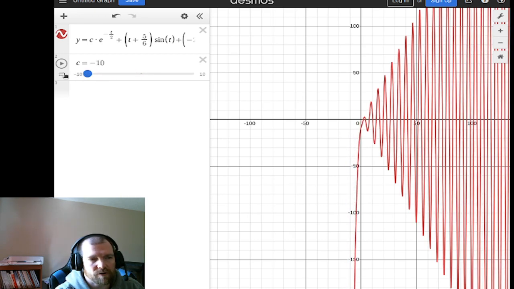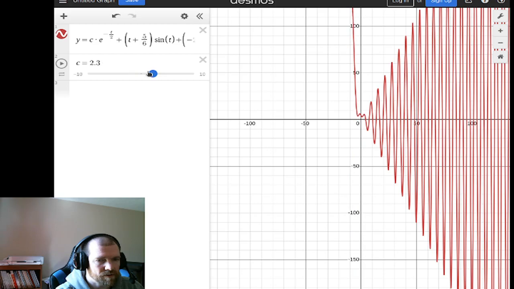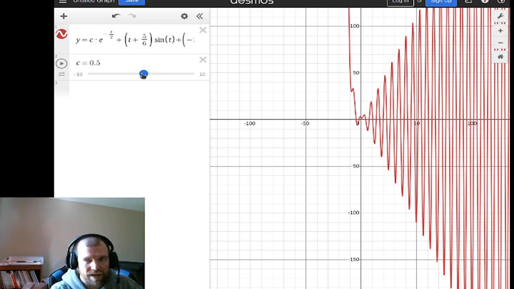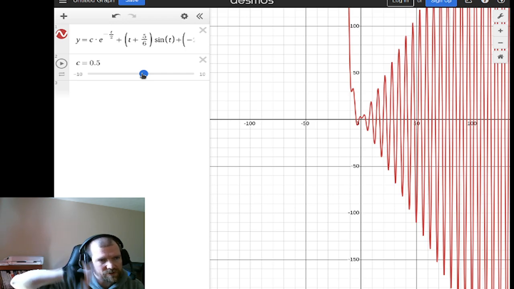So this is just going to come down like that. We get this cool thing. So it depends on what the value of c is as far as what the actual behavior is of this whole function. But overall, once you start getting toward the part where e becomes practically 0, then our sine and cosine take over, it becomes oscillatory behavior, and we get growth as a linear function.